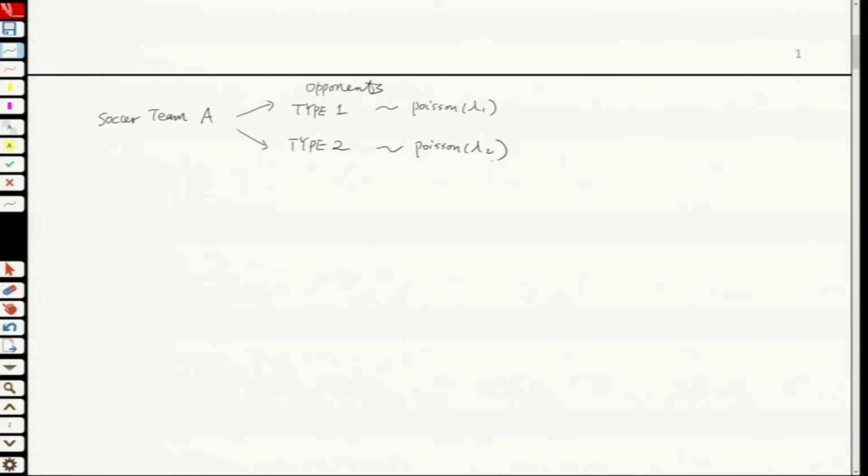Okay? But in this case, lambda 1 equals 2, and lambda 2 equals 3. So this weekend, the team has 2 games.